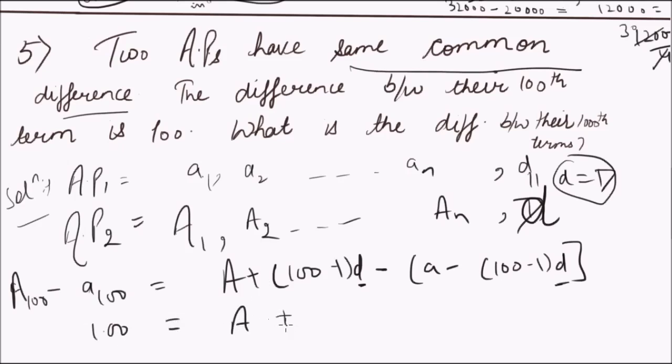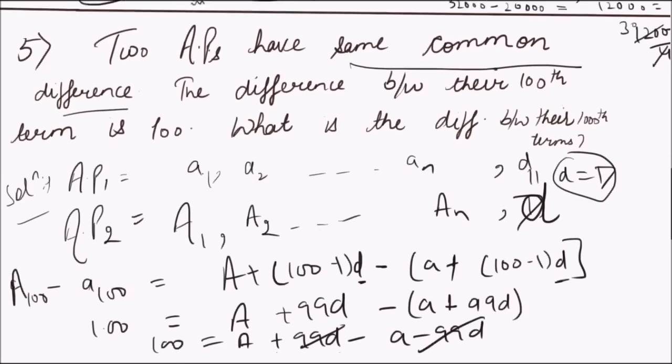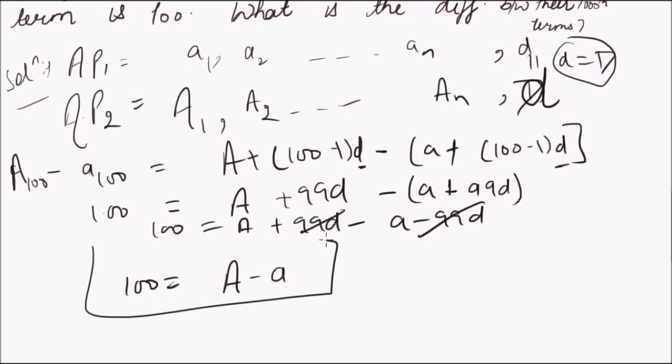So capital A plus 99d minus a minus 99d equals 100. Cancelling the terms, the positive 99d is cancelled by the negative 99d. We are left with 100 equals capital A minus small a. That is, the difference between their first terms is 100.